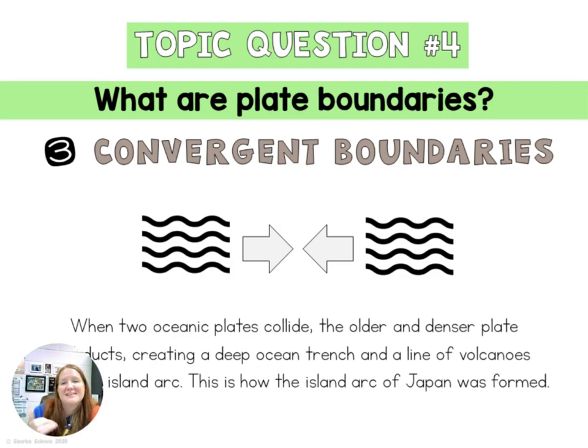The Aleutian Islands up in Alaska are also formed in this way because they are part of the Ring of Fire. There's a huge ring of fire all the way around 3/4 of the Pacific Ocean. And the reason why is because, like I said, the Pacific Ocean is being subducted underneath the surrounding continental plates.